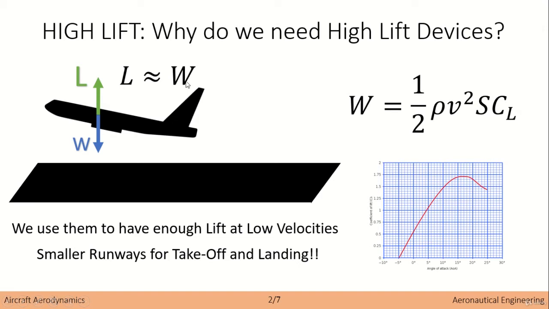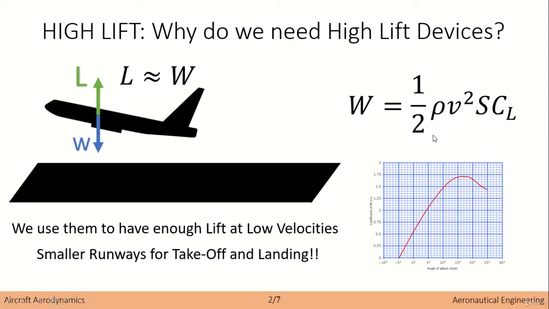So by this definition, the lift can be assumed to be constant at one point, right? So coming back to the equation of the lift, and assuming that the lift is more or less equal to the weight and the weight is actually constant, we see that all of this has to be a constant, right?